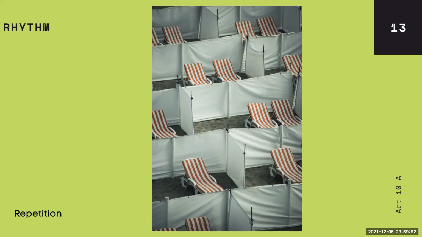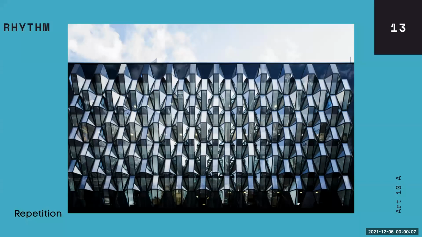And then there's also a rhythm within a rhythm, because there's the rhythm of the dividers of the space, and then there's the rhythm of the stripes in the chair. So this is a really great example of multiple rhythms existing on the same picture plane. Now, rhythms can happen fast or slow, and that depends on how much space is between the elements.